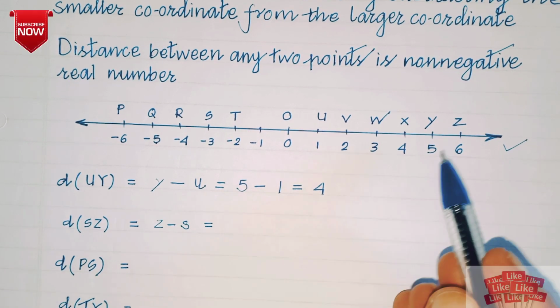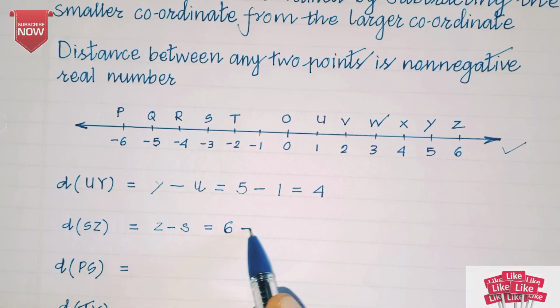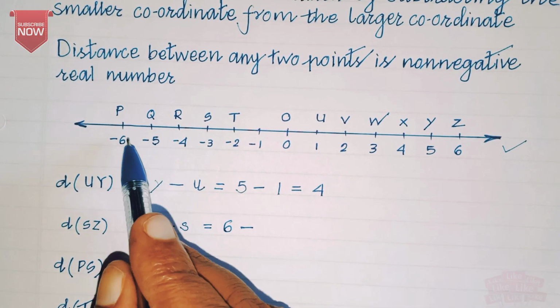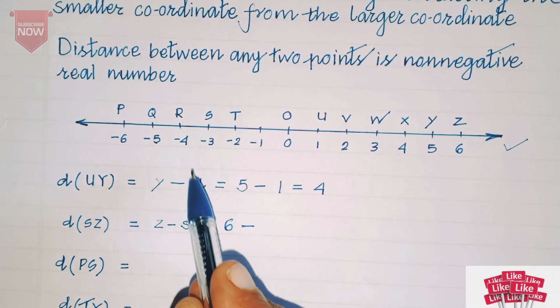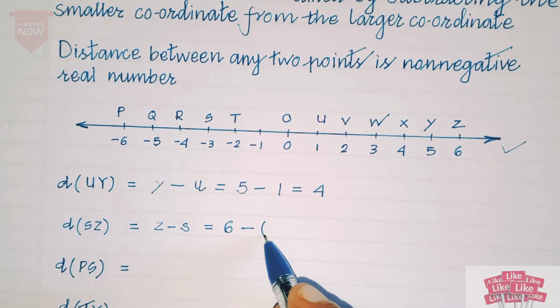Z minus S. What is the coordinate of Z? It is 6. We are writing here 6 minus. What is the coordinate of S? Here it is minus 3.